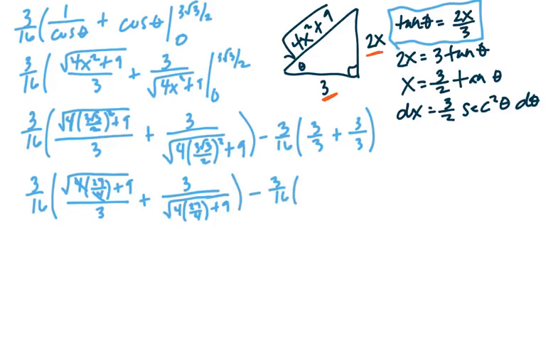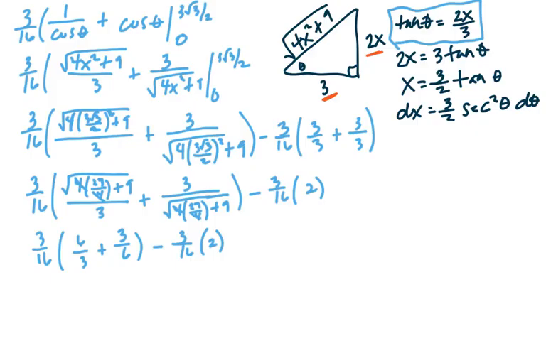And here I have 1 plus 1 makes 2. Now let's go back to this. So if 3 over 16, 27 plus 9 is 36. The square root of that is 6 over 3 plus, same deal, 3 over 6 minus 3 over 16 times 2.